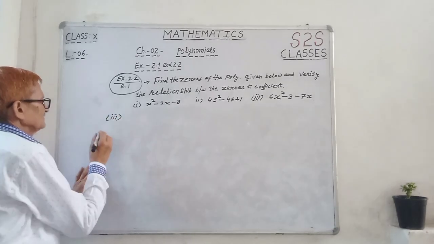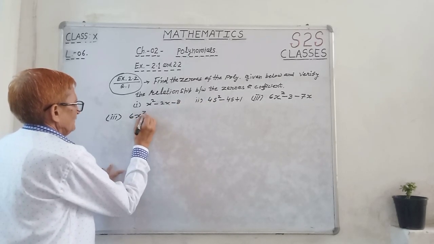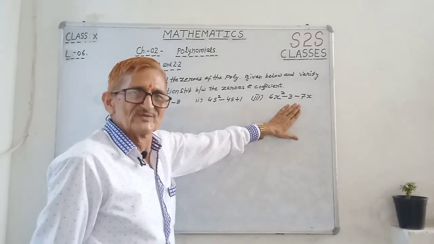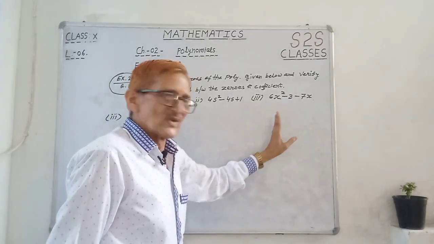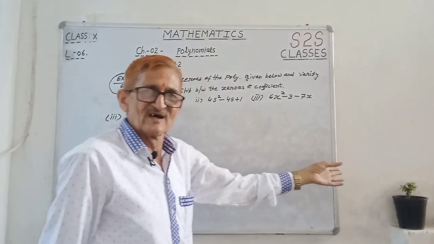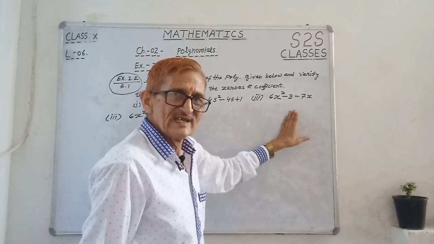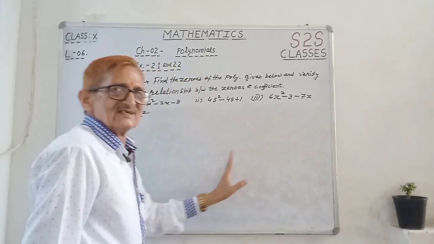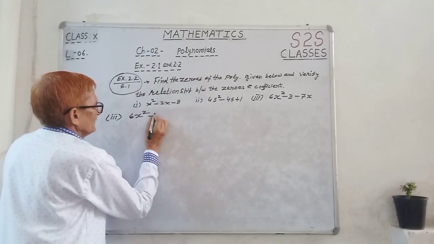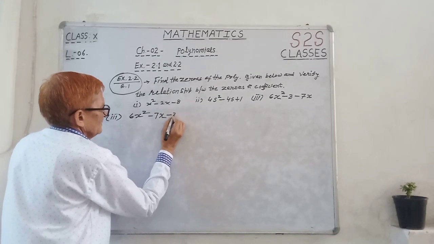Yes, third part, 6x square. Okay, understand? It is not written in the standard form order of ax square plus bx plus c. C must be the last term, and here c is minus 3, it must be the last term. So we can write the order like this: 6x square minus 7x, this term we should write in the middle, and minus 3.